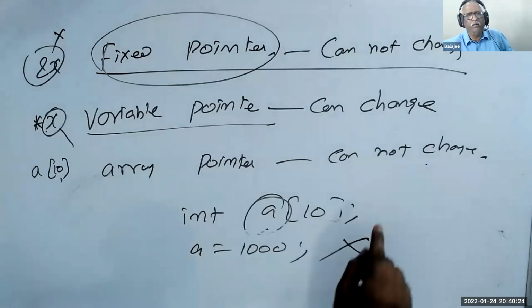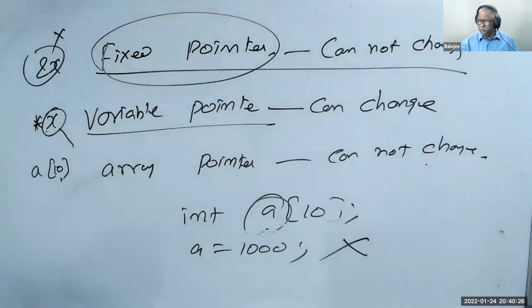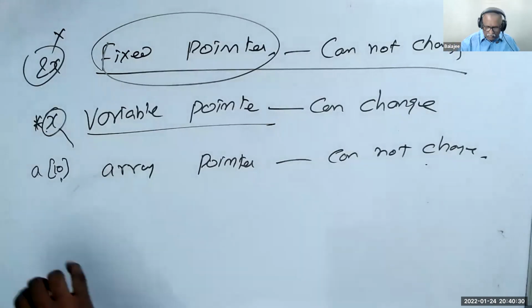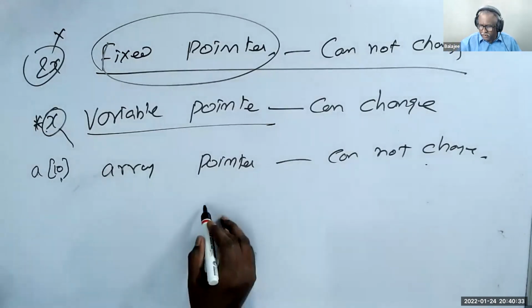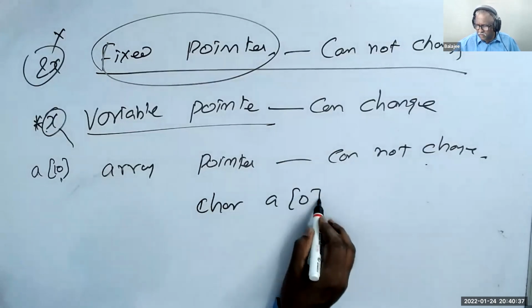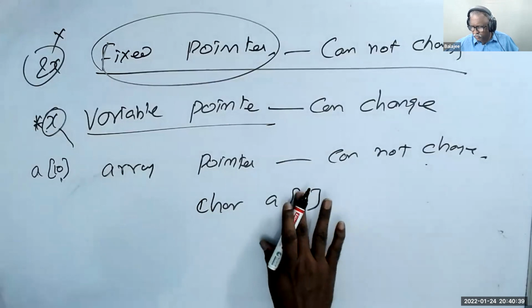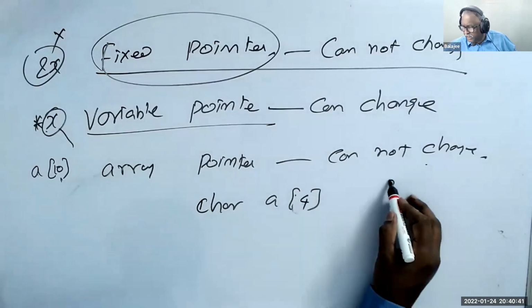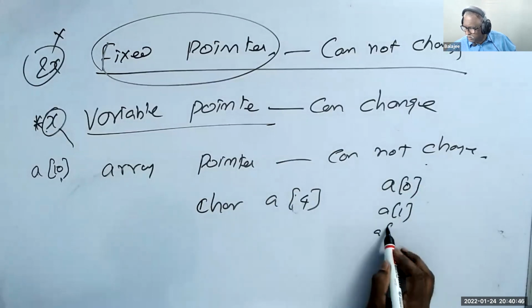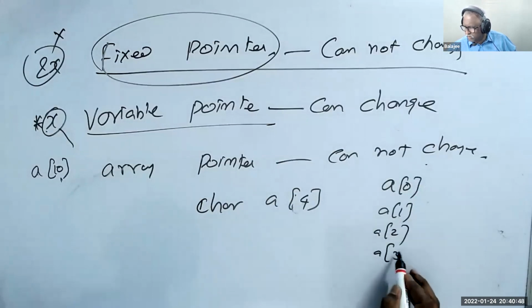So please understand one important thing here. You can say A of 4, easy. The system allocates A of 0, A of 1, A of 2, A of 3.